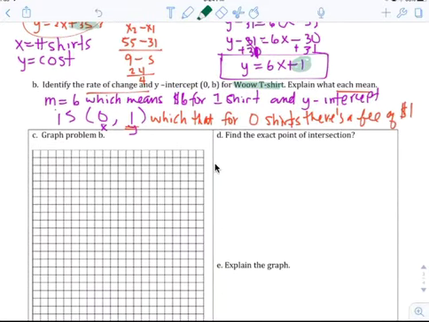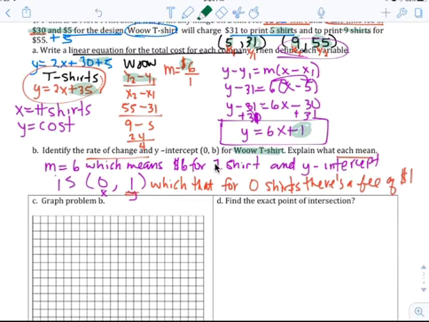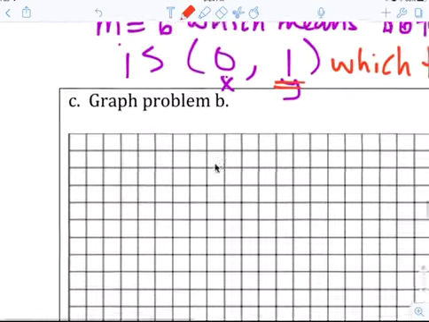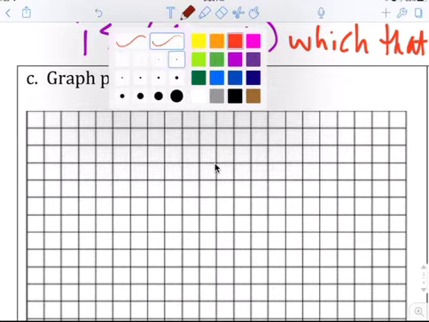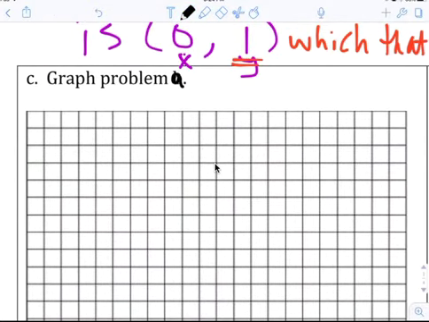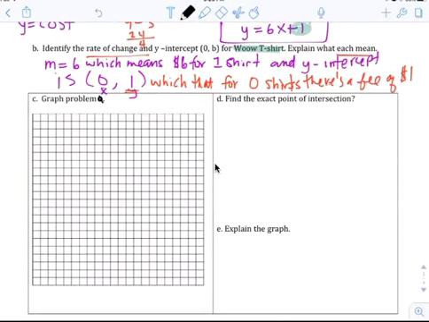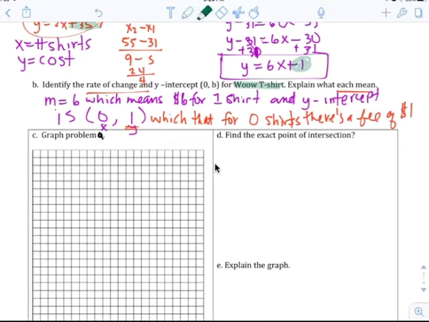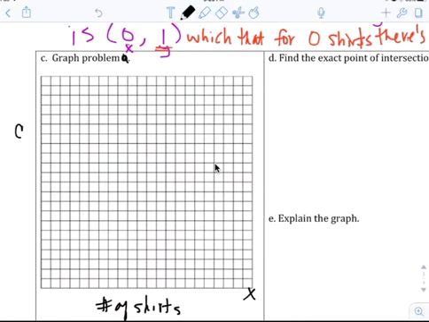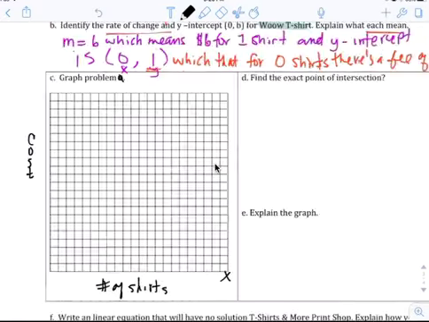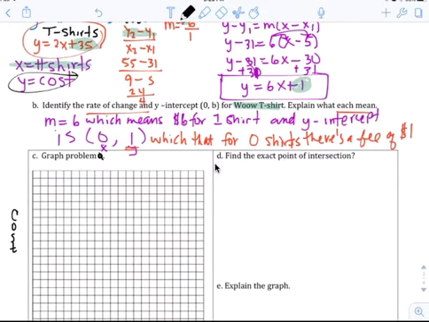Okay, graph problem A. I meant to put graph problem A here. So X is the number of shirts, and here Y is the cost. Okay, let's see, 35 and 6 over 1.